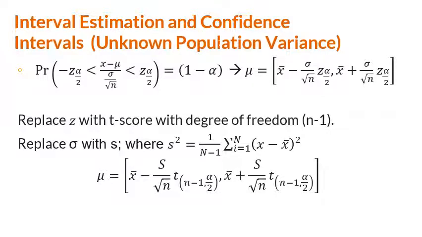Now, we consider the case of unknown population variance as I've discussed kanina. Alam natin yung population variance. So, kapag alam yung population variance, you have this confidence interval. Pero, kapag hindi natin alam yung population variance, we estimate that with your sample standard deviation given by this.